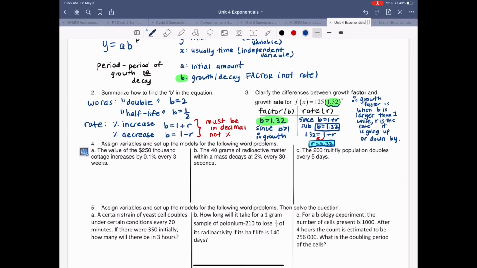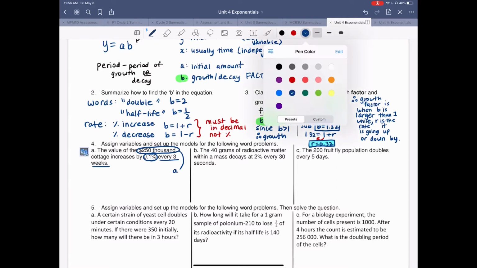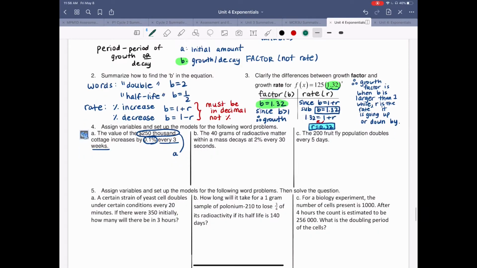So question 4, assign variables and set up the models for the following word problems. The value of the $250,000 cottage increases by 0.1% every 3 weeks. So I'm trying to identify each part. The 250,000, that's the original amount, so I'm going to write A for that. Meanwhile, the 0.1% is related to my rate.